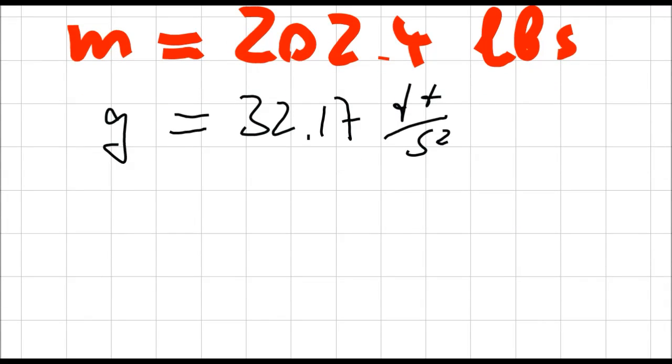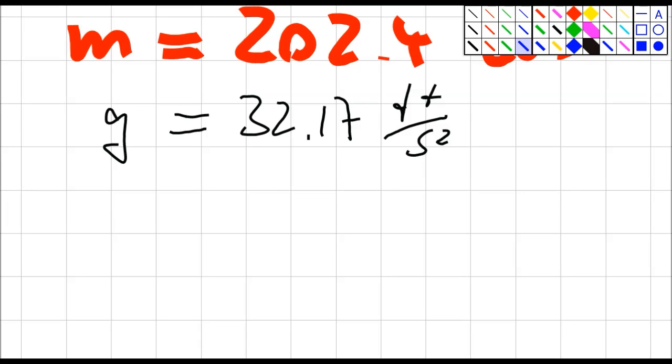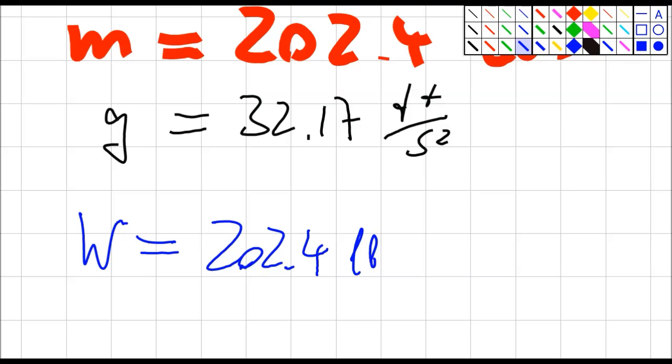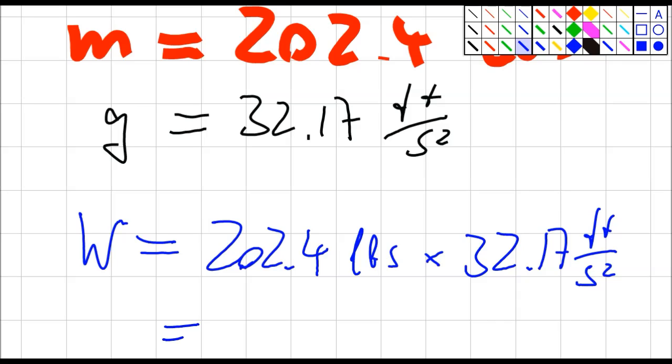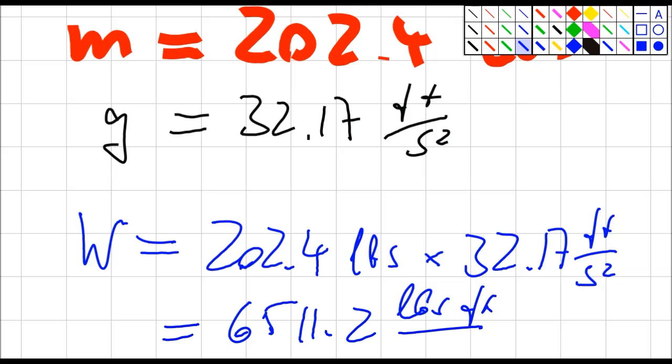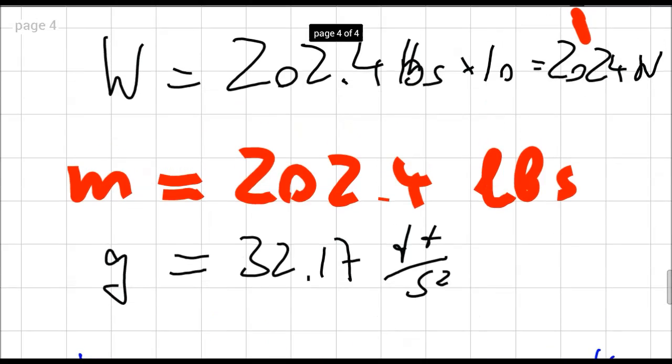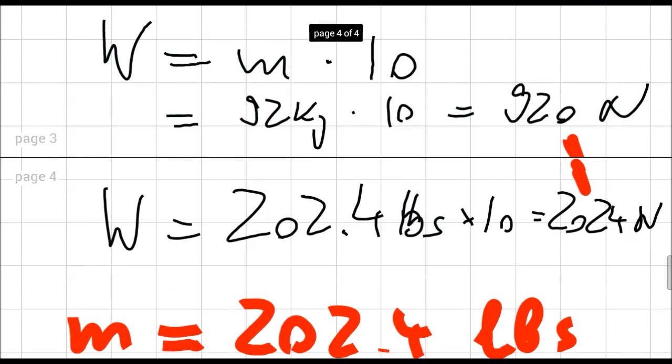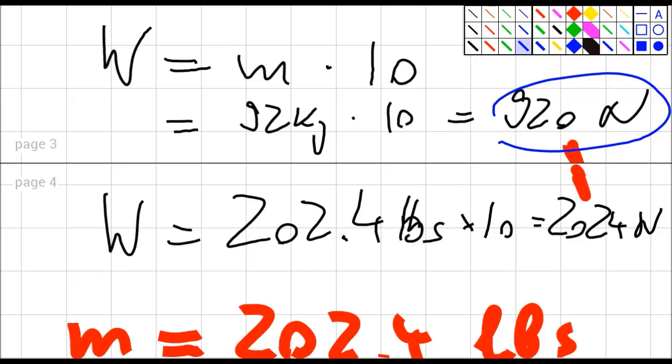So if we calculate the weight now, it turns out, change color just for the fun of it, weight equals mass, 202.4 pounds, times 32.17 feet per square second. That is 6,511.2 pounds feet over second square. Now, as odd as it may look like, this result is identical with that one.